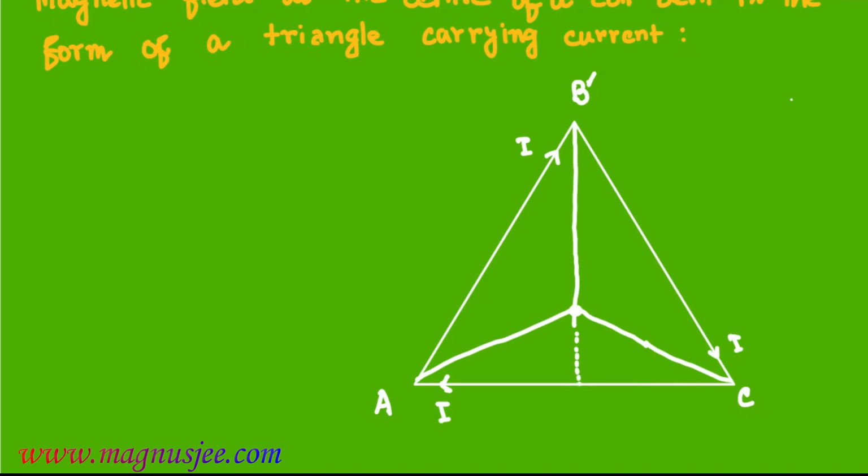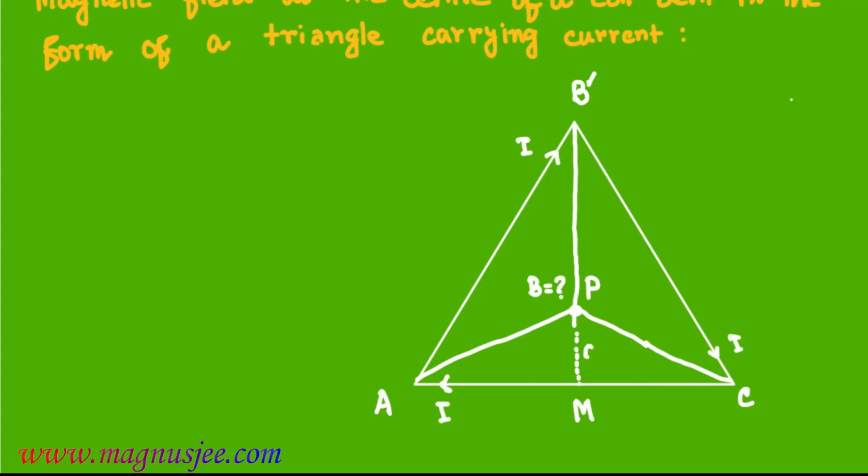We can extend the median up to the side AC. B prime M is the perpendicular or median from the point B prime on the side AC. P is the centroid.